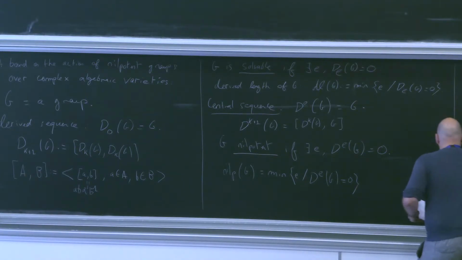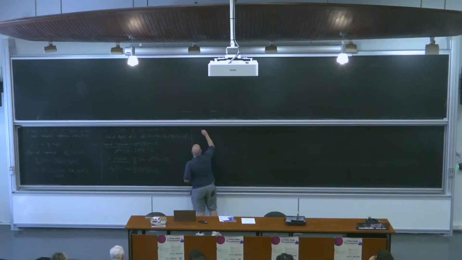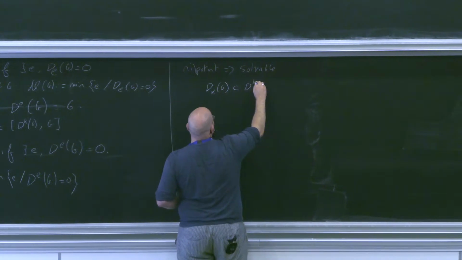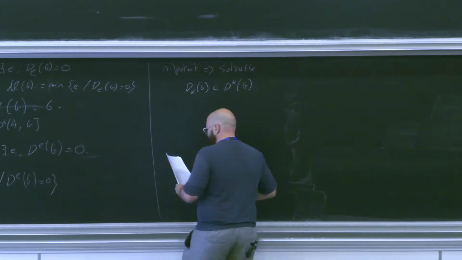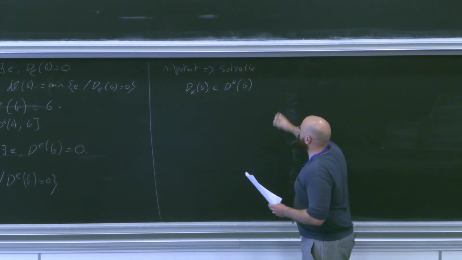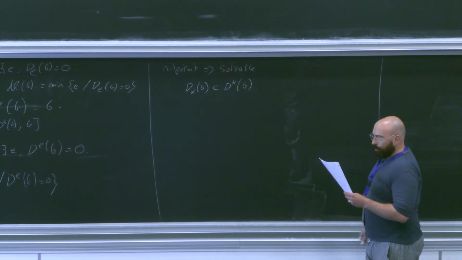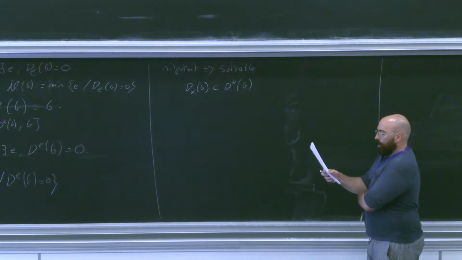So of course nilpotent implies solvable. Okay, that's because D_k of G is contained in D^k of G. Okay. Also gives you a bound on the derived length in terms of the nilpotency index. Okay.